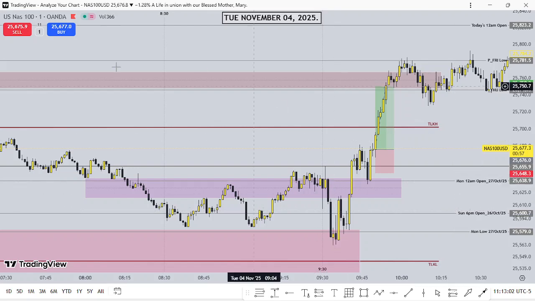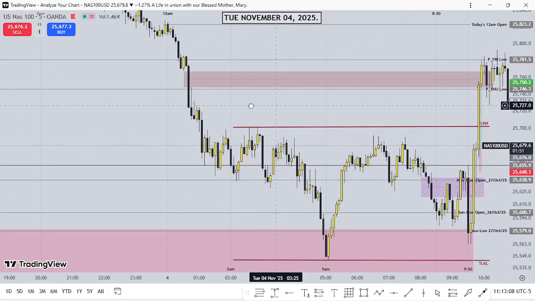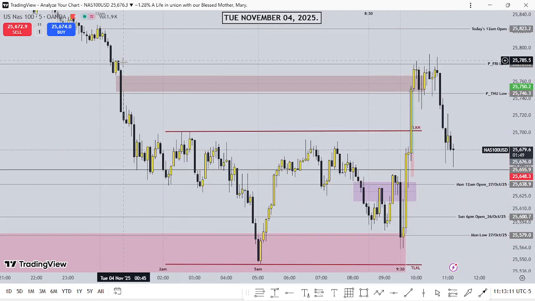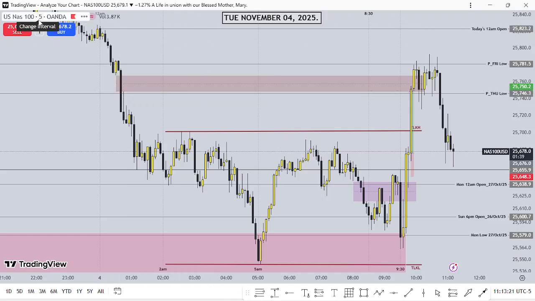In my case, looking at this 5% level on the 5 minute time frame, I knew it was definitely going to trade up to this area, but I was not going to wait for that. Just take me out here at this high. And that was how it played out, very beautifully.